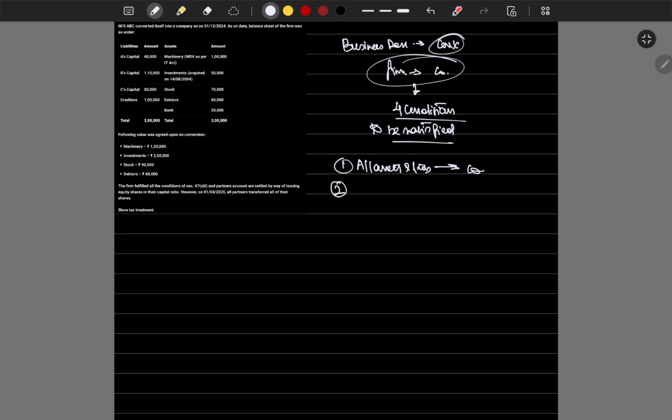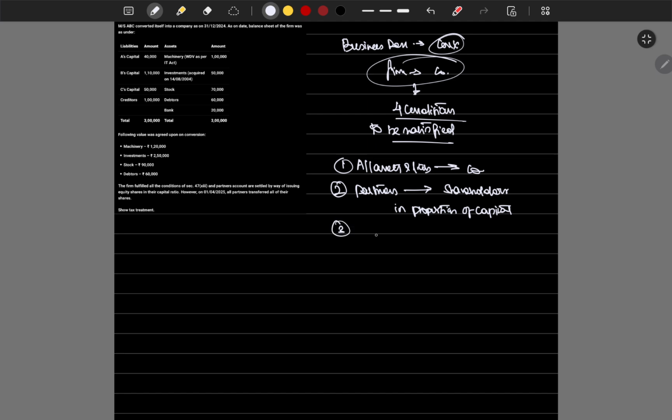The second condition is that the partners in the firm shall become shareholders in the company in the same proportion in which they held the capital in the firm. In proportion to capital, they will be holding the shares.